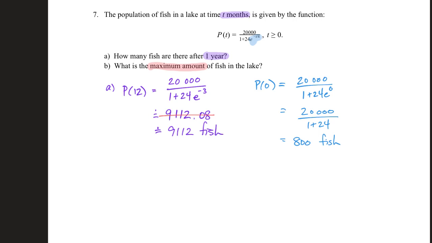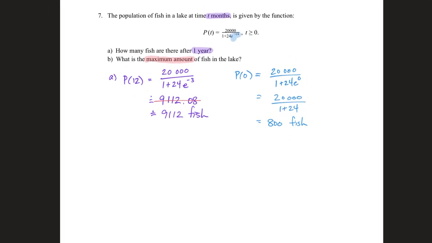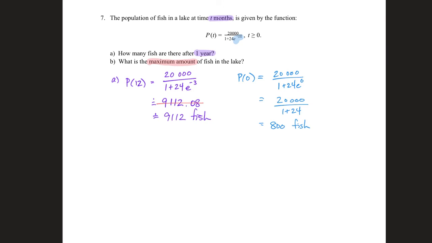How do we have a maximum amount? What we're going to do is look at it this way: if my population is always increasing, then what I need to examine is what happens as we go forever into the future. And as soon as I write this down, some of you guys might have nightmares.